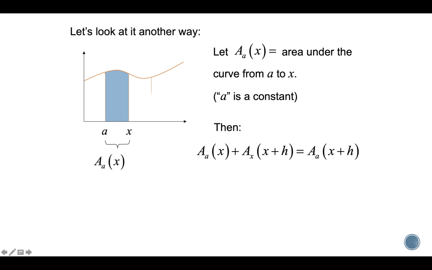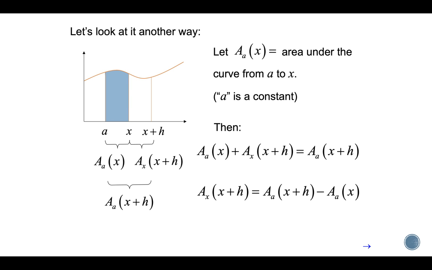Then A of x plus the area from x to x plus h, the total area right here, is equal to A of x plus h, so the total area from a to x plus h. If we rearrange that, we get that the area from x to x plus h, our term right here, is equal to A of x plus h minus A of x.